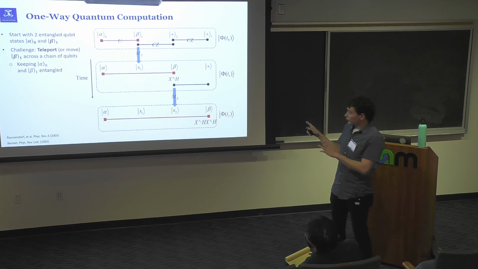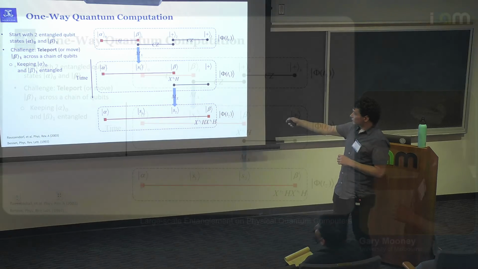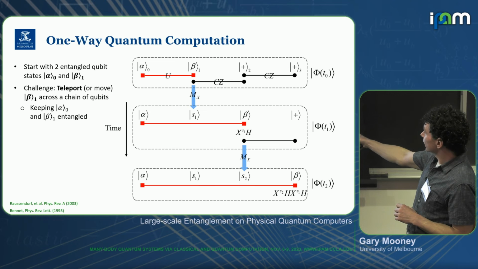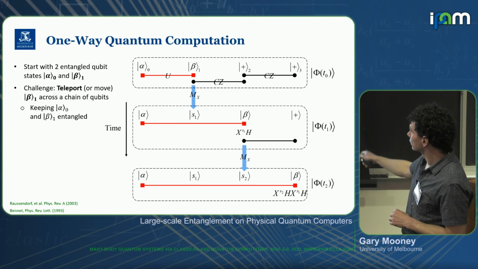So what we're going to do here is we prepare a Bell state between two qubits, and if we apply a CZ gate on an equal superposition state, and we measure this qubit, and we know the measurement, then we can apply this correction to this state here, and it's now essentially teleported the state.